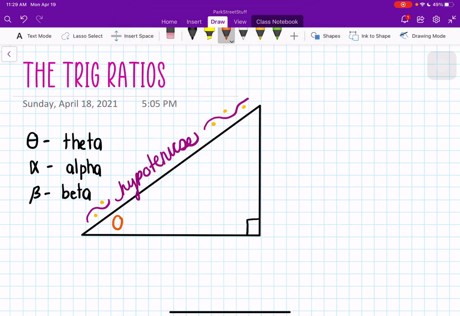Now, there are two other sides to this triangle, and what we do is we actually label the sides based on the angle we're looking at. So if we were looking at theta, then this side is opposite theta, and this side is adjacent to theta.